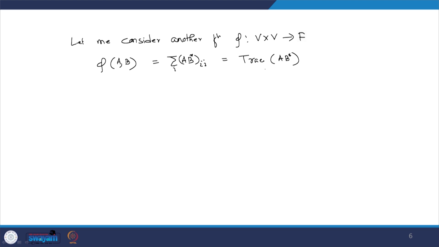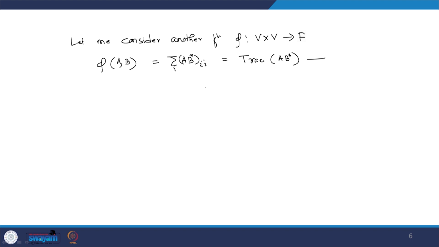So if I define a function phi from V cross V to capital F as phi of A B equal to the summation of the diagonal elements of the product A B star, then this will also give me an inner product.